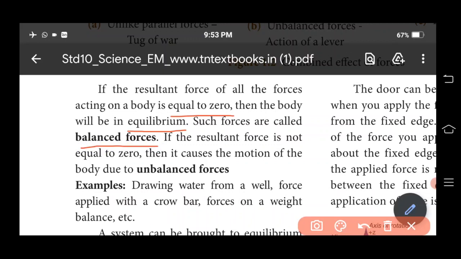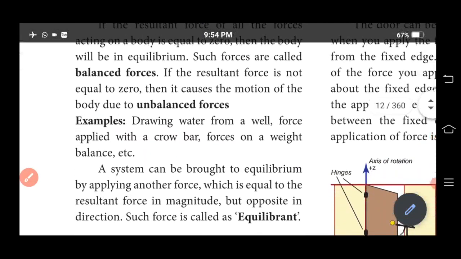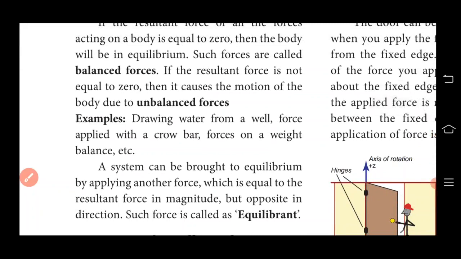If the resultant force is not equal to 0, then it causes the motion of the body due to unbalanced force. Examples: drawing water from a well, force applied with a crowbar, force on a weight balance, etc.